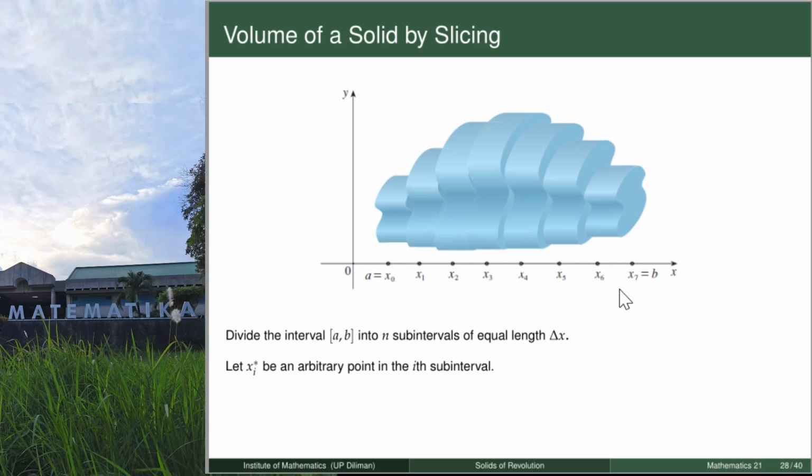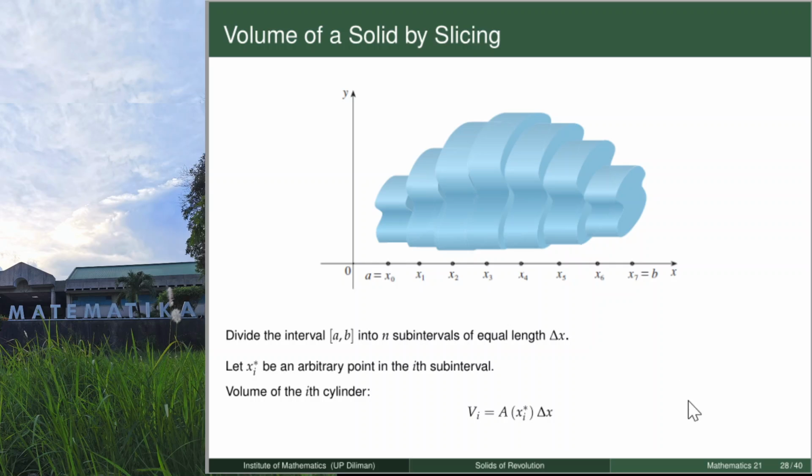And this time, it's a cylinder instead of a disk or a washer. The volume of the ith cylinder is just the area of the cross-section at x_i star multiplied by the thickness of the cylinder, which is delta x.